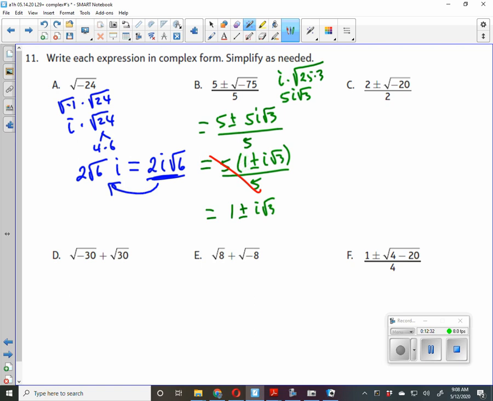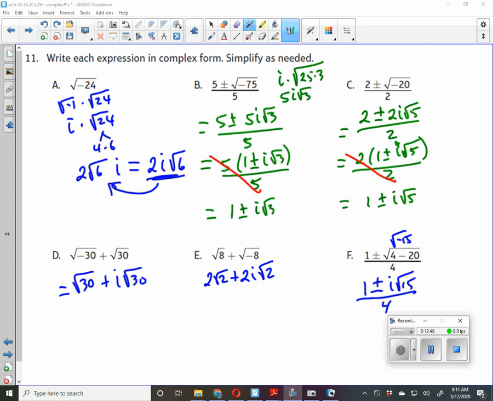Because 5 divided by 5 is 1. That's what happens when you factor. And again, notice that you end up with complex numbers. I'm going to let you stop the video and finish these up, see if you can come up with the right answers. All right, so take a minute, check your answers. Make sure that when you factor out, you're leaving that 1.